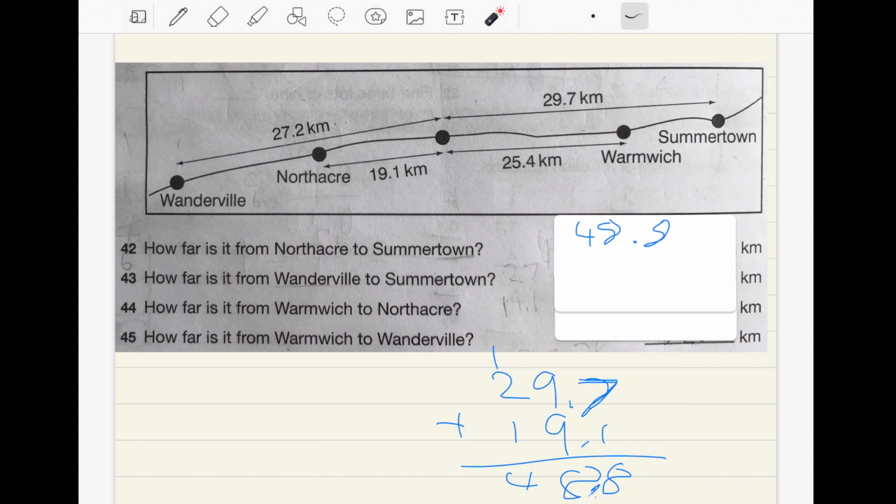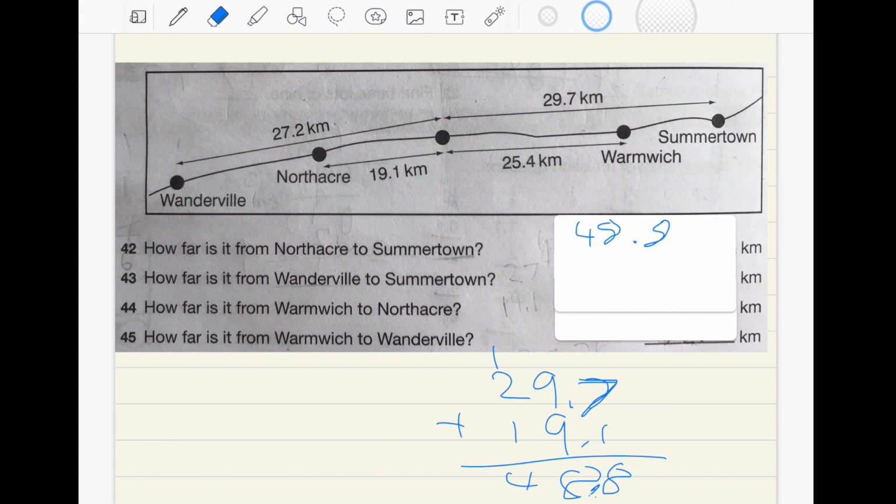Then the next question is how far is it from Wonderville to Summertown? Wonderville is over here, and Summertown is over there. We don't know this distance, so we think Wonderville to this dot is 27.2 km.